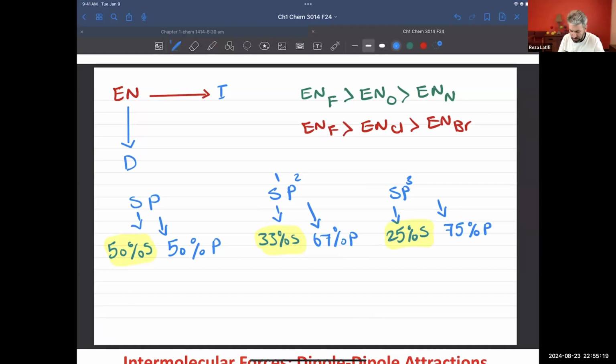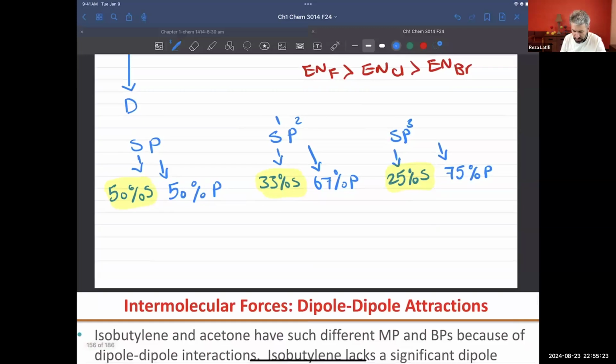So between these three carbons, we have a carbon attached to another species through a triple bond. In that case, we call the hybridization of this carbon sp.